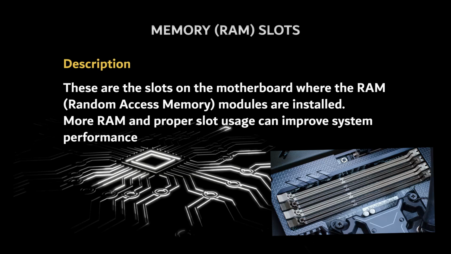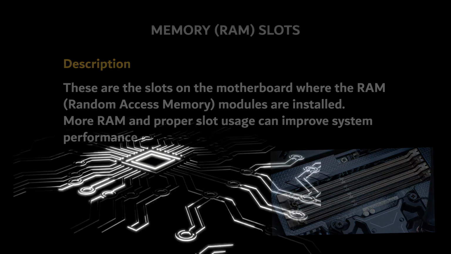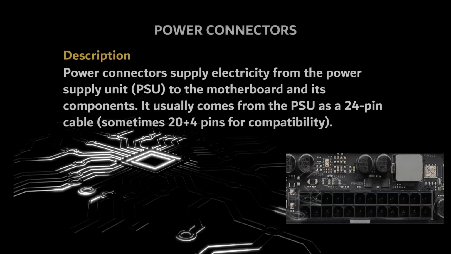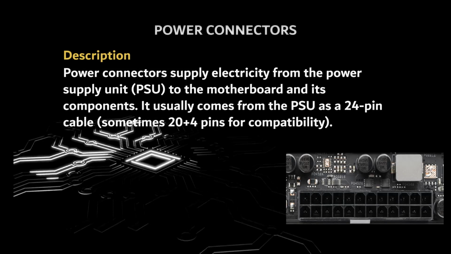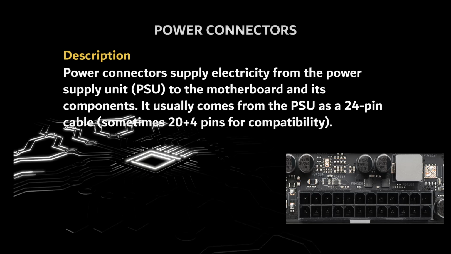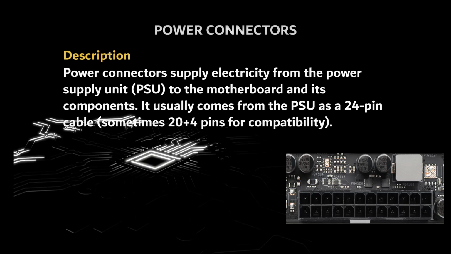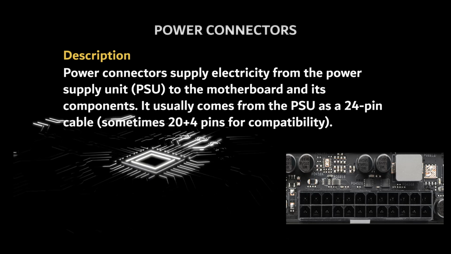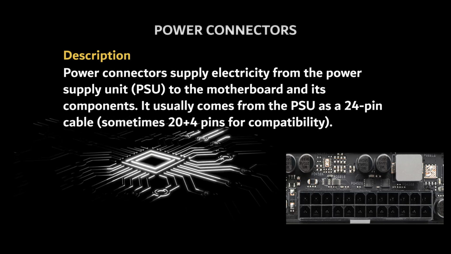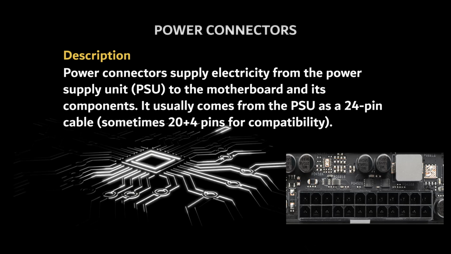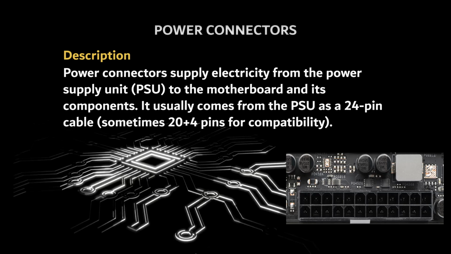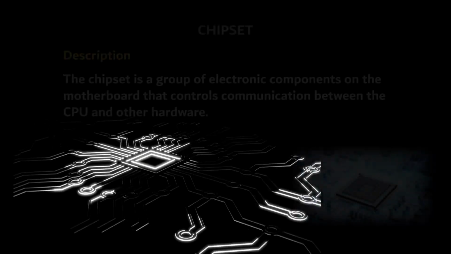More RAM and proper slot usage can improve system performance. Power connectors. Power connectors supply electricity from the power supply unit, PSU, to the motherboard and its components. It usually comes from the PSU as a 24-pin cable, sometimes 20 plus 4 pins for compatibility.